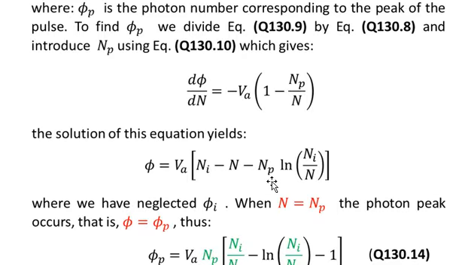Np is the value of the inversion corresponding to the pulse peak. You can also write this with the critical inversion multiplied by the log of Ni over n. Here capital N is a function of time, and phi is also a function of time.